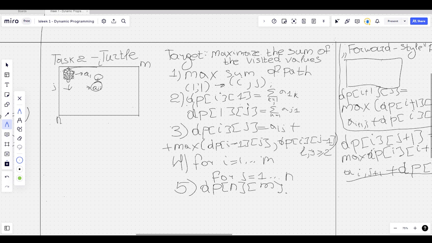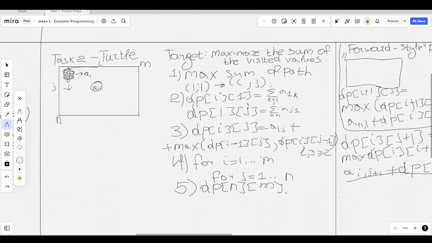We suppose that we know all the answers in this and this area. So we know these answers are the answers for the maximum path, and we choose the maximum of these two paths. Okay.